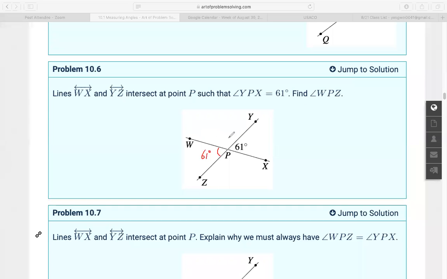Okay, then let me ask you another question. What is angle YPW? What does this angle equal? Can you send me an answer? WPY.